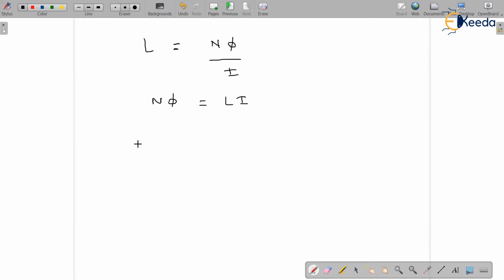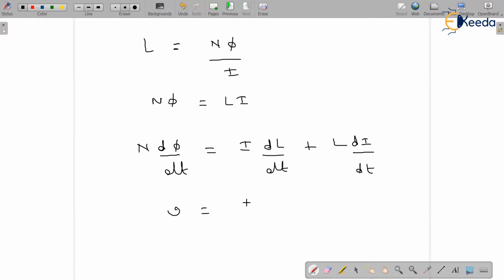Differentiating the above equation, N d phi by dt is equal to I dL by dt plus L di by dt. Finally, V is equal to I dL by dt plus L di by dt.